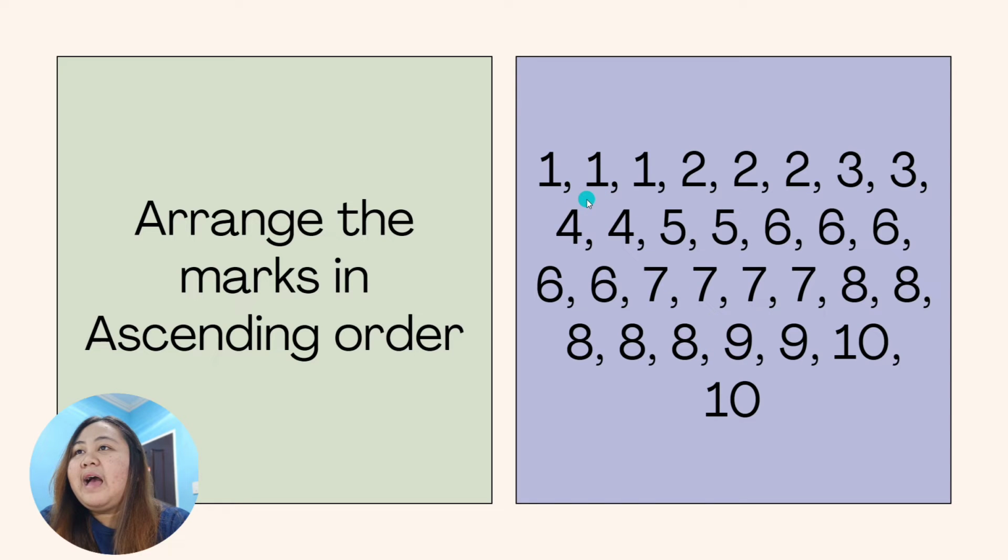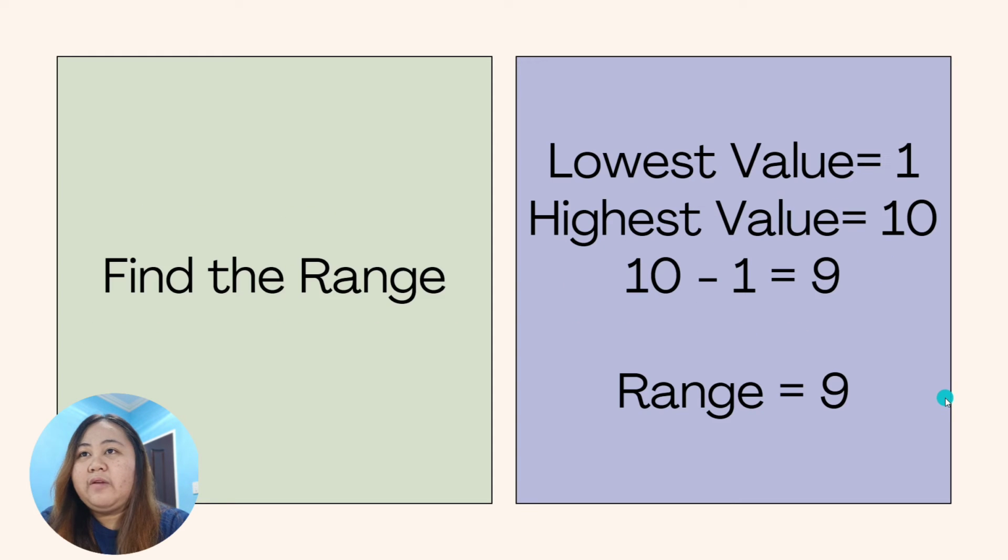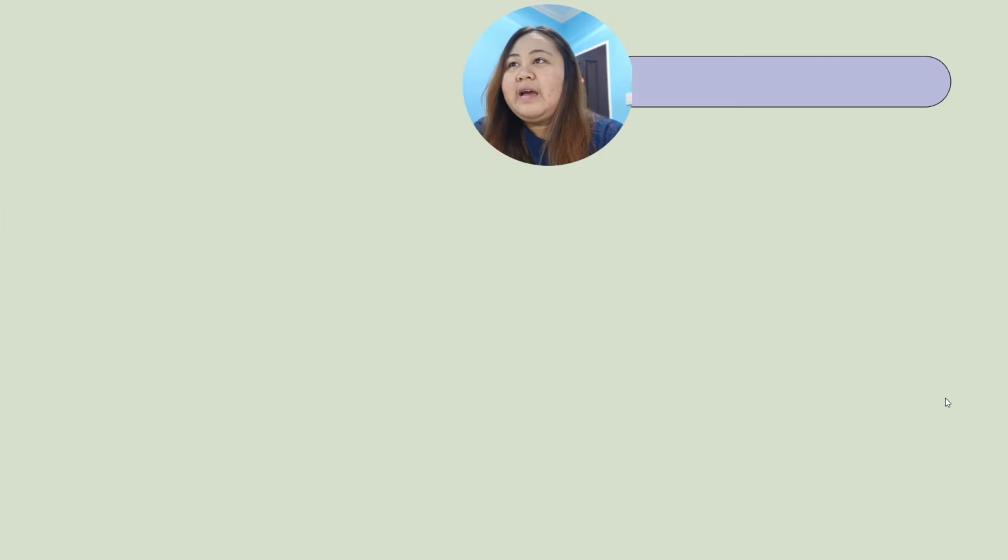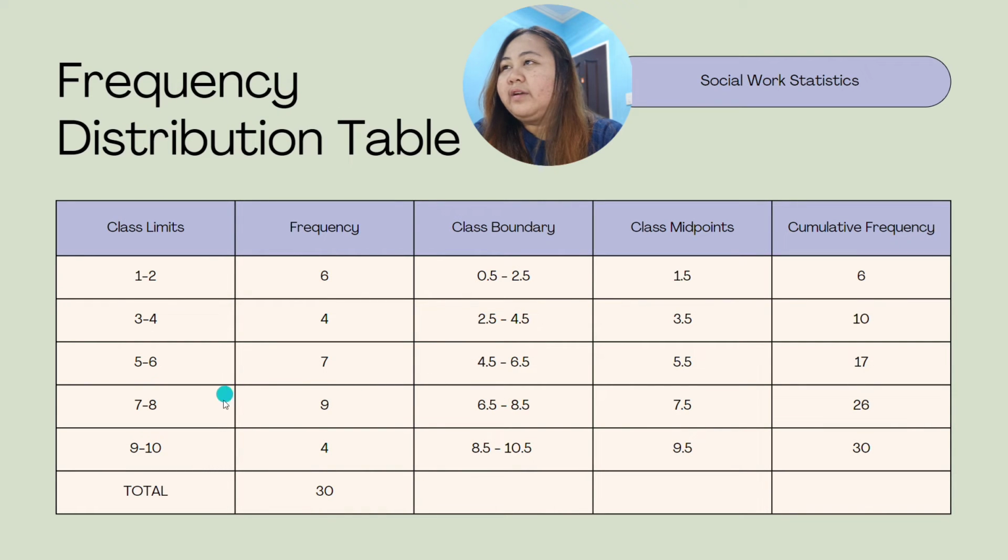The number 1 shows 3 times, and the 2 shows 3 times also. Add them, it is equal to 6. That's why we put 6 as the frequency. So we can do the same for the rest of the data.